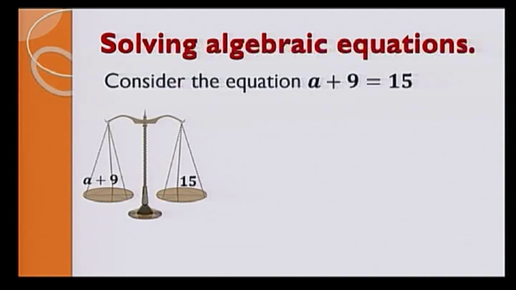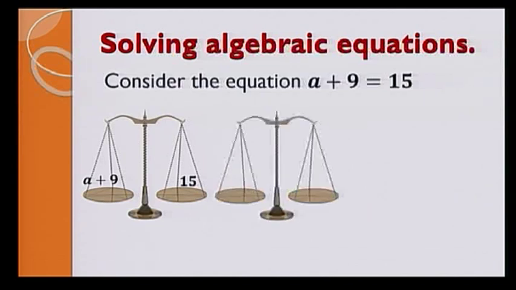Now, plus 9 has to be eliminated on the left-hand side. To do so, we have to subtract 9 on both sides for the scale to be balanced. We subtract 9 on the left-hand side. We subtract 9 on the right-hand side.